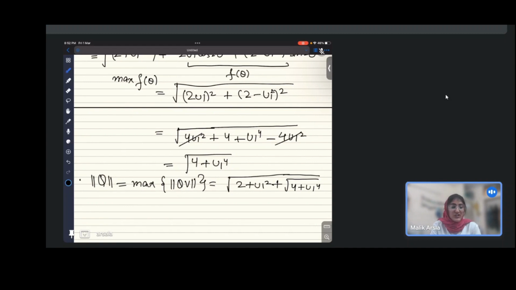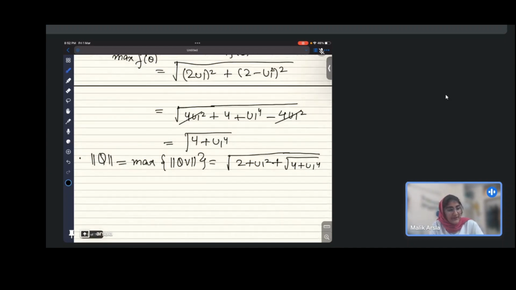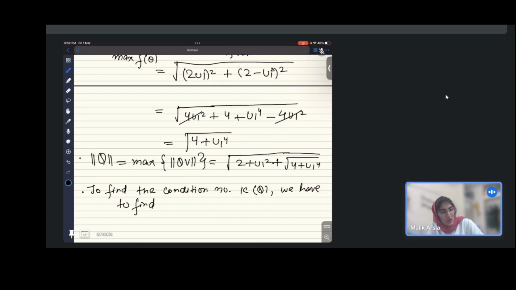For finding the condition number, what we have to do? We have to first find q inverse, right? To find the condition number k of q, we have to find norm of q inverse, right?